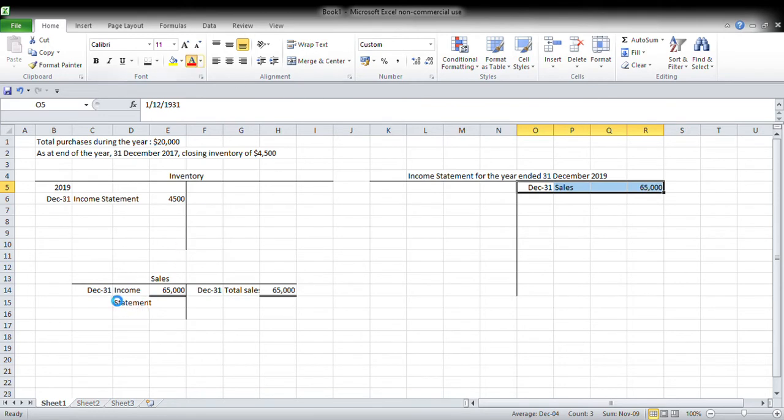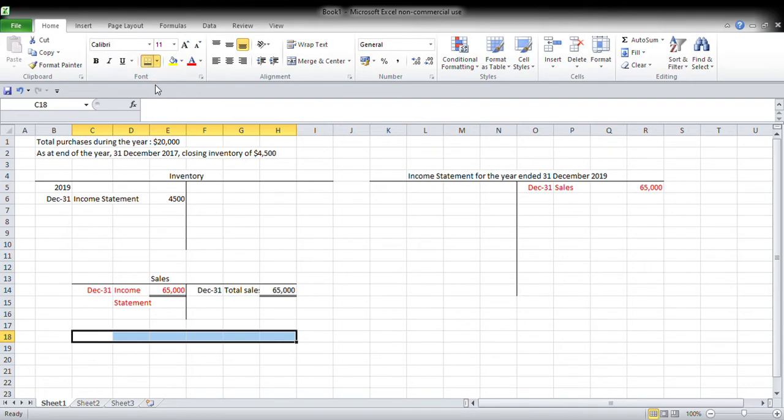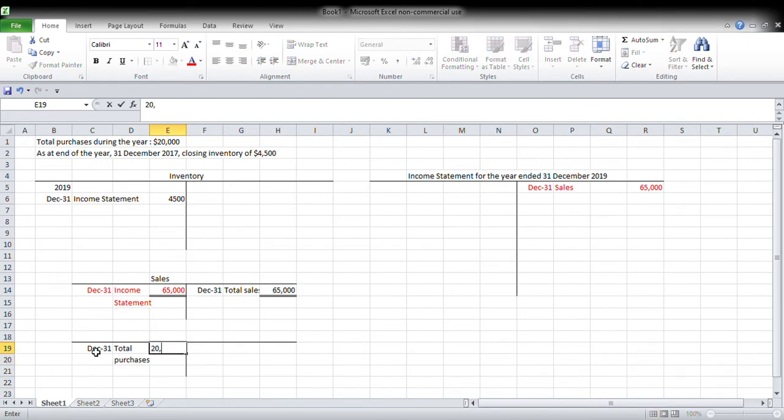That's my double entry to transfer the sales for the year. I'm going to highlight both of these entries in red so you can see it's a double entry to transfer the sales figure. And just now we said the total purchases for the year is 20,000. So let me just record that. December 31st, 20,000. Right? So at the end of the year, the same total purchases figure will transfer to income statement, just like we transfer the sales figure.